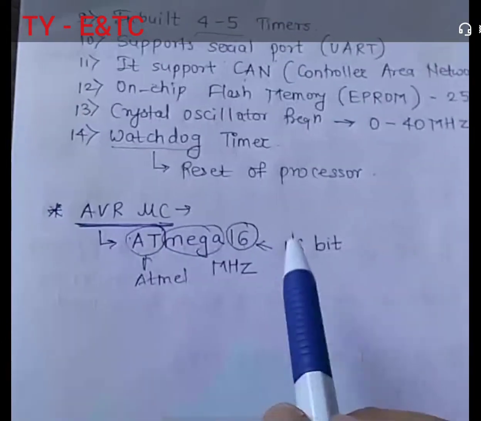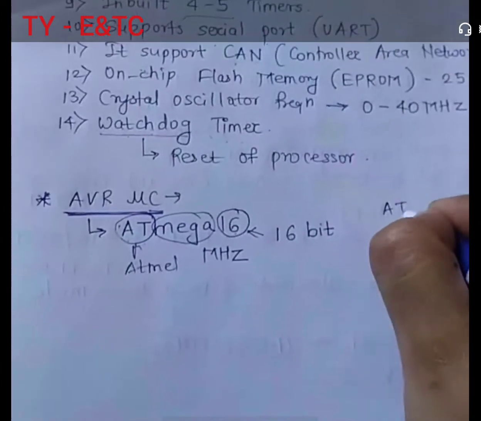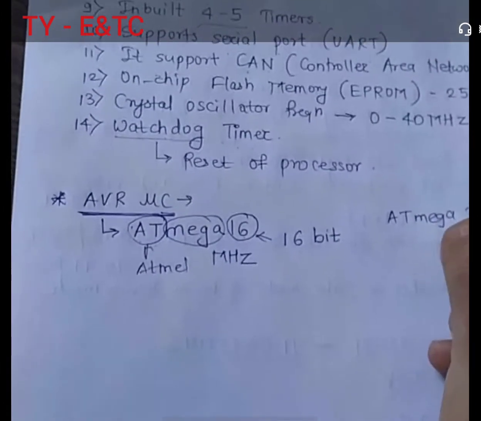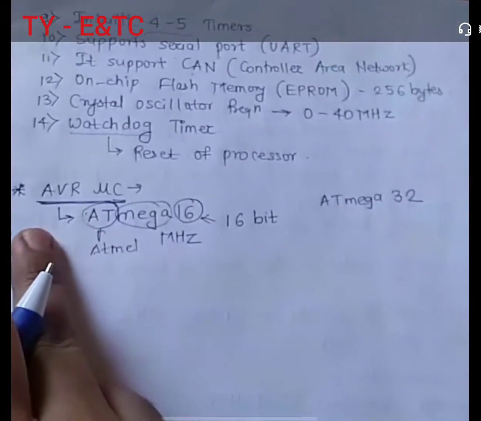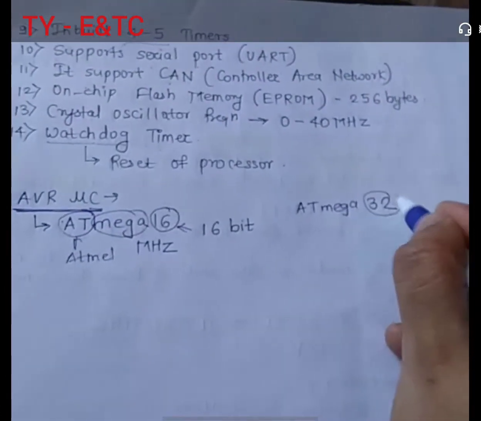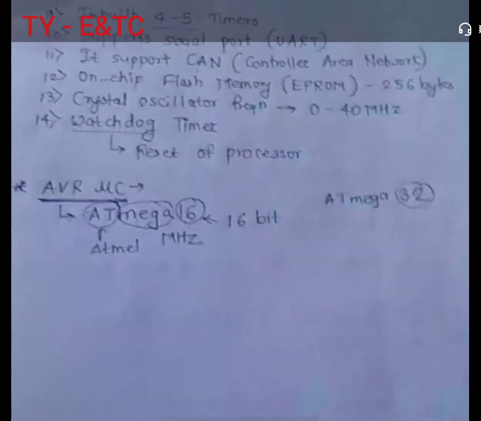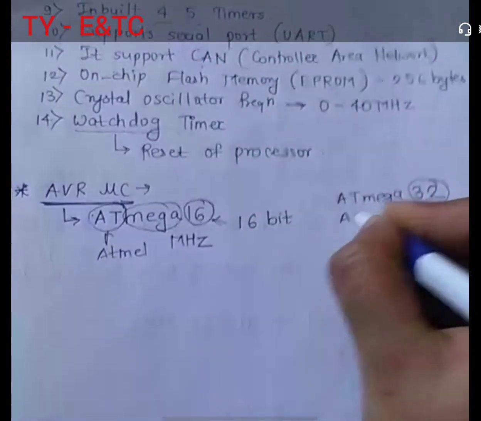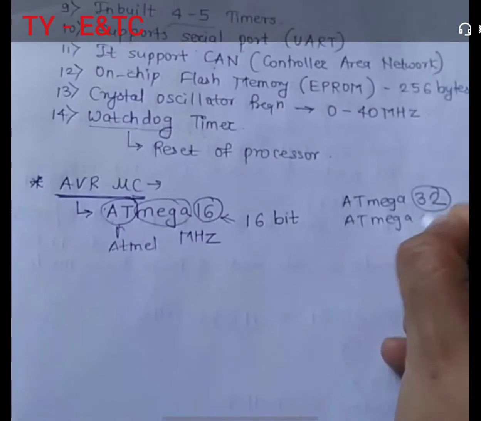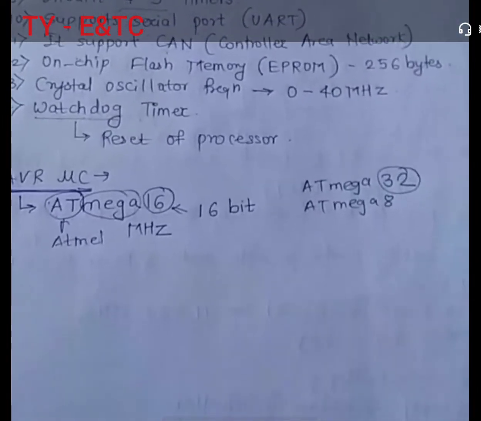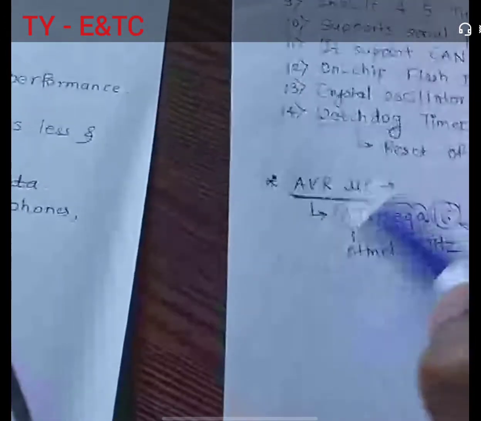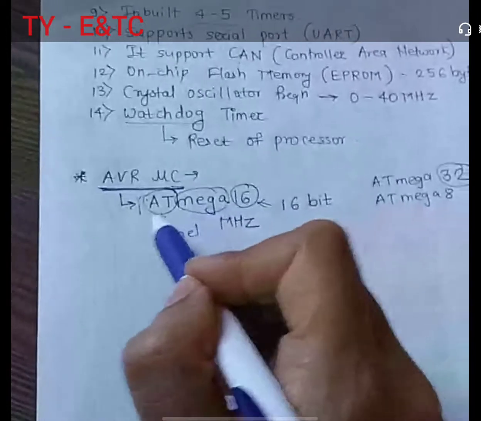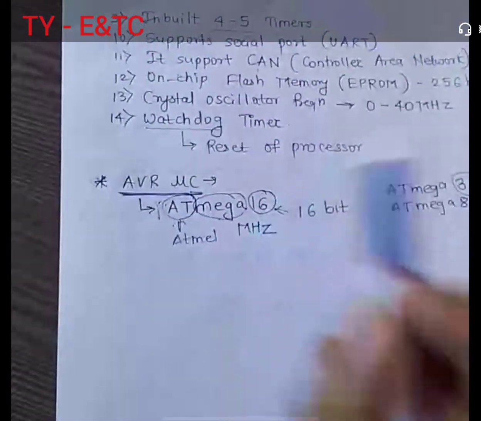Similar to ATmega 16, we have ATmega 32 microcontroller also inside AVR. The size of that controller will be 32 bits and so on. ATmega 8 is also available. But now we are dealing with this commonly used AVR microcontroller, that is ATmega 16.